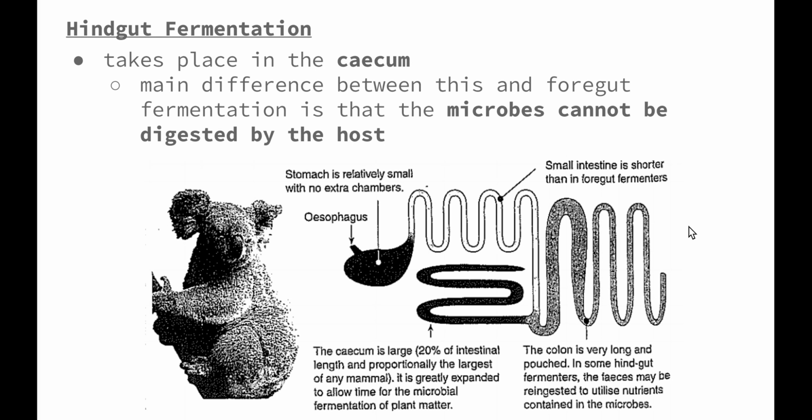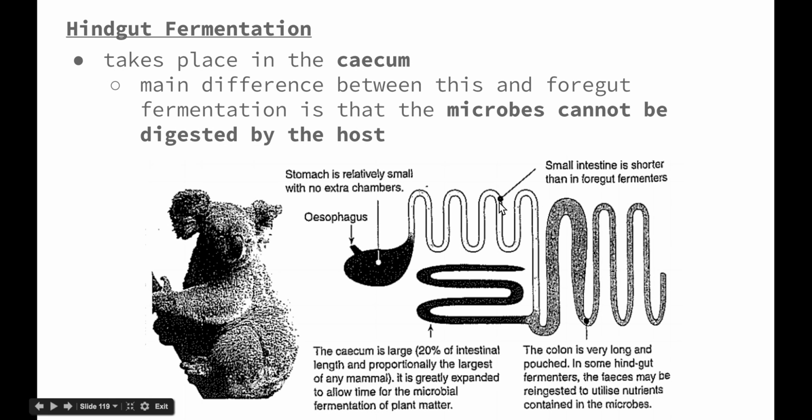So, hindgut fermentation takes place in the cecum, so it's after the stomach. The main difference between this and foregut fermentation is that microbes cannot be digested by the host. As we can see here, in comparison to the kangaroo, the koala's stomach is quite small. There are no extra chambers.